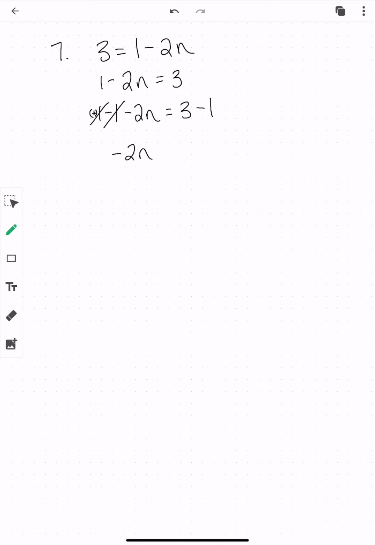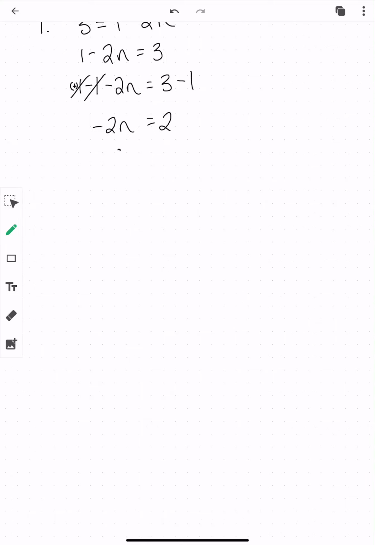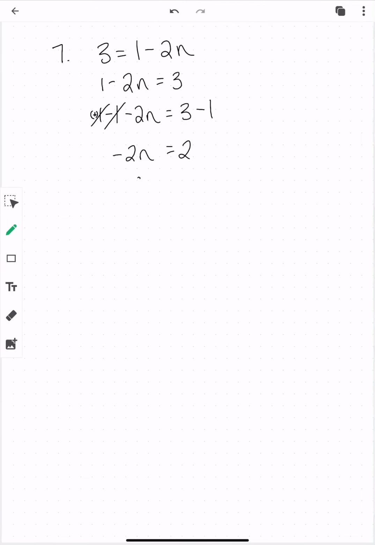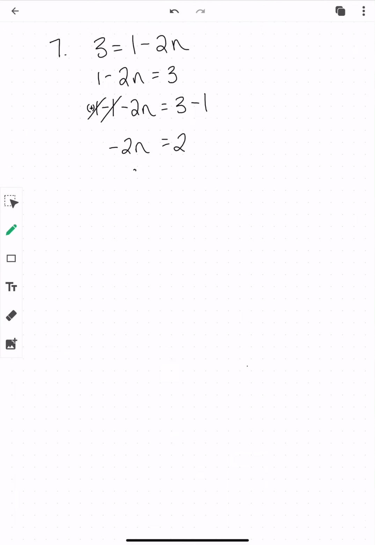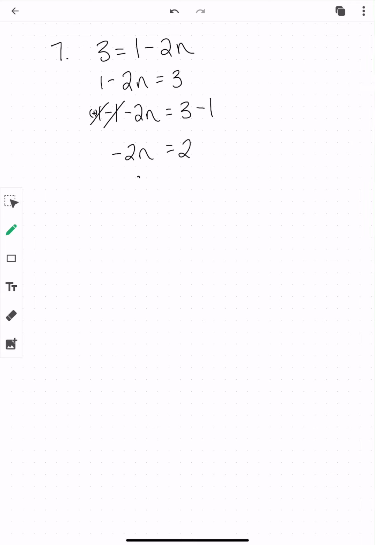So I'm left with negative 2n equals 2. And then I want to get rid of this 2. I don't really care about the negative for right now. So divide that by 2. So I'm left with negative n equals 1, which is exactly what we found earlier.